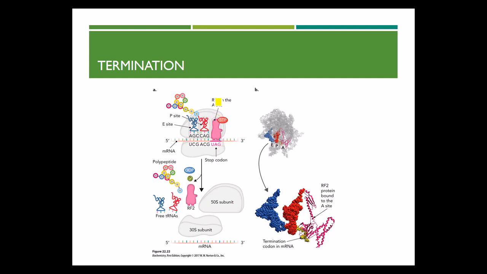Upon binding of our release factor, hydrolysis between the polypeptide and the transfer RNA occurs. Therefore, we cleave the polypeptide, and then we have release of the RF factor, the transfer RNAs, and then your subunits will split apart.